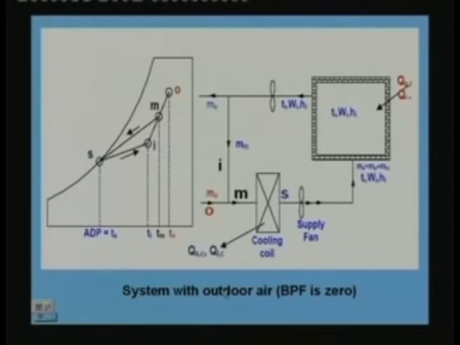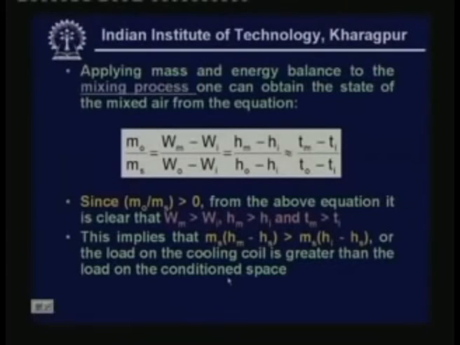Okay, so from mass and energy balance across the point, you can easily show that the ratio of outdoor air divided by the supply air, that is MO divided by MS, is equal to Wm minus Wi by Wo minus Wi, where Wm is the humidity ratio of the mixed air, Wi is the humidity ratio of the conditioned space, and Wo is the humidity ratio of the outdoor air.